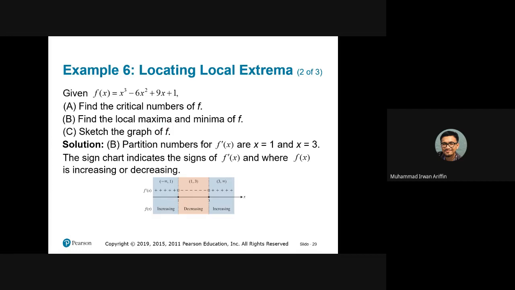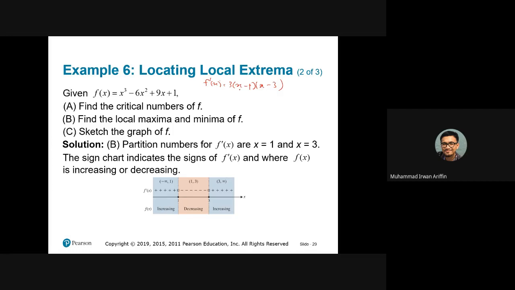Remember, f prime of x equals 3 times x minus 1 times x minus 3. So take a value that is less than 1. If you take a value which is less than 1, what will we have?